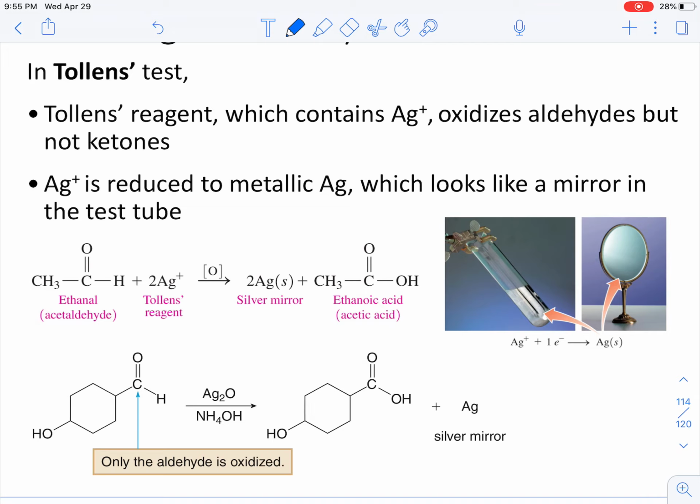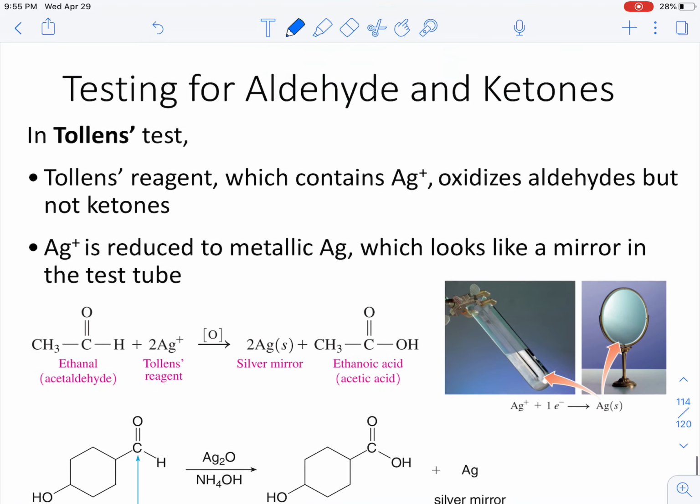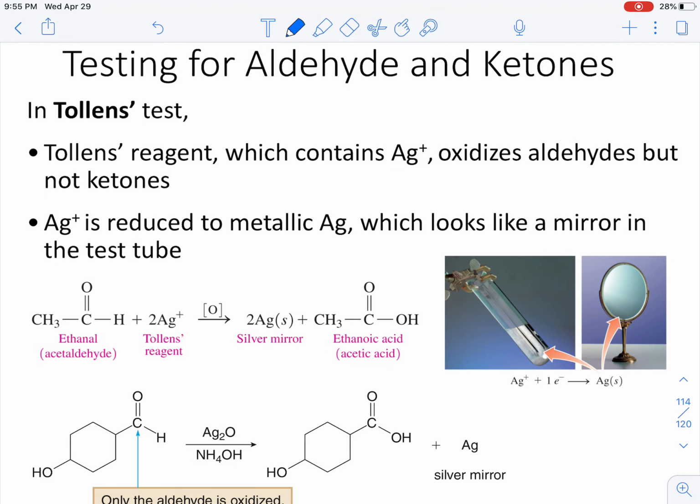Let's just say that somebody gave you this unknown solution and said, hey, there's a functional group in that solution. I don't know what it is. Can you run some reactions to inform me what type of functional groups I have? And you're probably going to be like, okay, sure, I'm an organic chemist, I can do this.